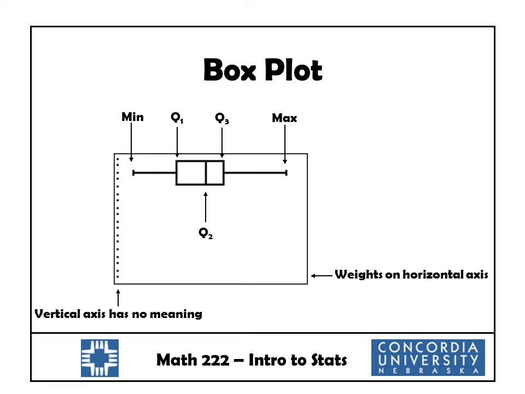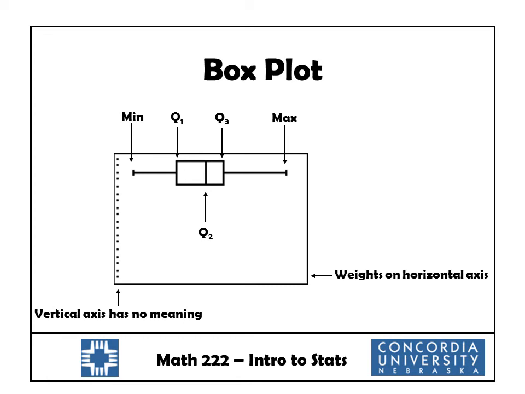Again, those are not as spread out as the first or the second 25%. And then from Q3 up to the max we have our last 25% of our data values, and we see that that's fairly spread out. And so we get an idea of how spread out the data is. It's also a graphical description of our 5-number summary. Box plots are also called box and whisker plots.